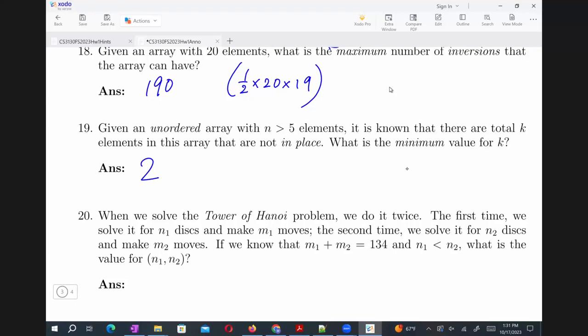All the remaining n minus 1 are in place, then the last one has to be in place too. They forgot that part. So the minimum number of elements not in place must be 2.